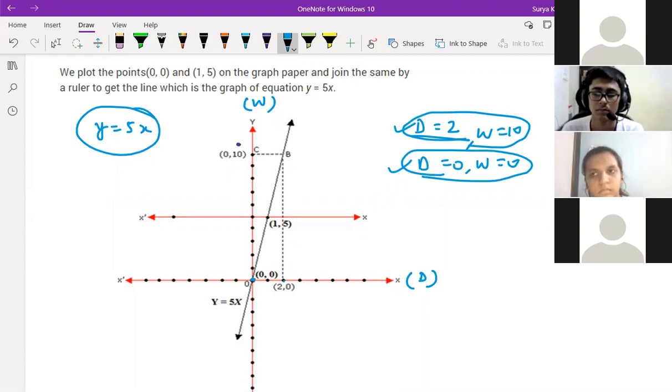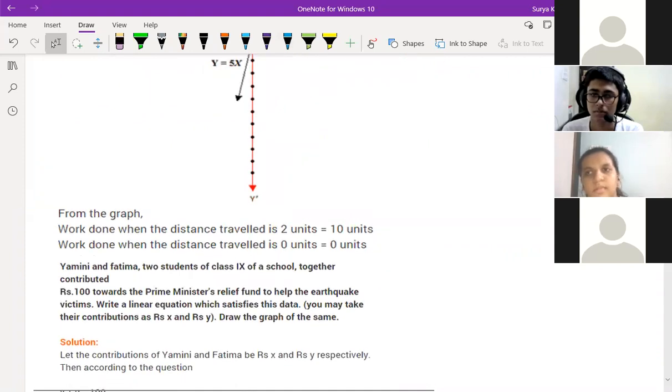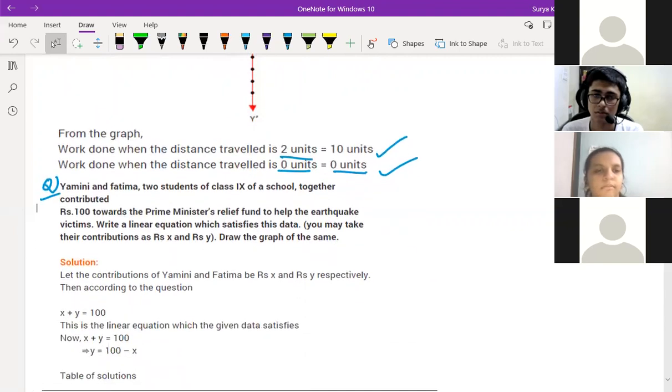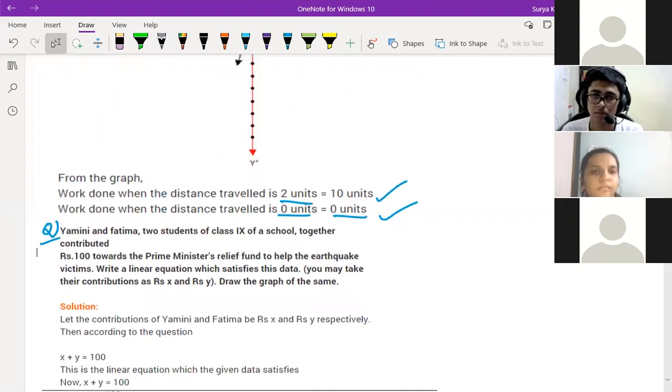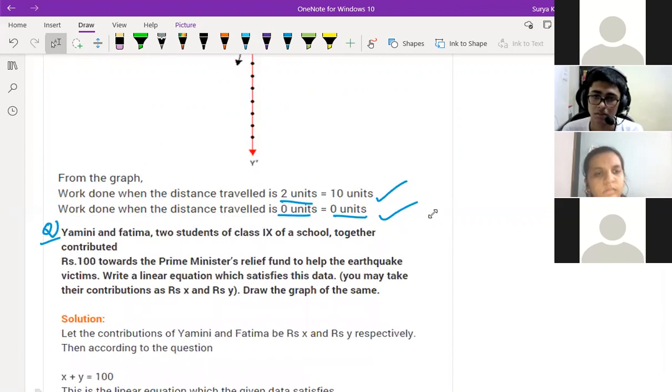Okay, next question is, see here, they have given here: work done when the distance traveled is 2 units, 10 units; 0 units, 0 units. So the next question is: Yamini and Fatima, 2 students of class 9th, together contributed rupees 100 to the Prime Minister Relief Fund to help the earthquake victims.